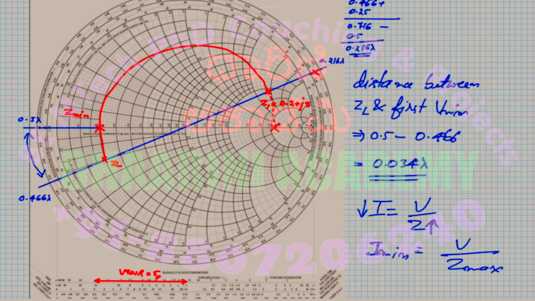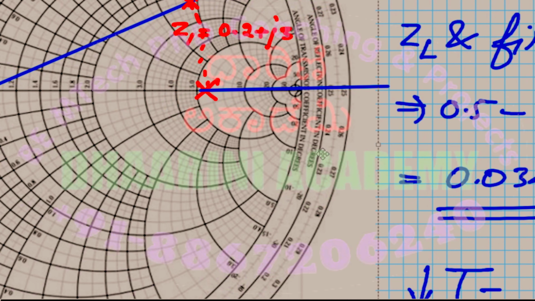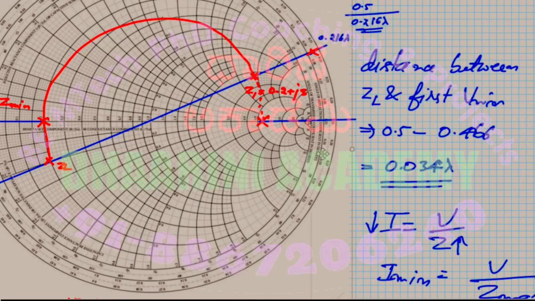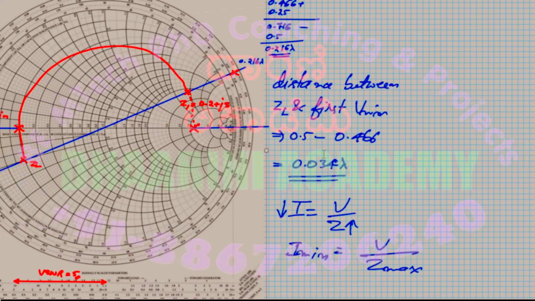So what I do, I'll extend that. I know that at this point its value is how much? Let's zoom in. 0.25. Yeah, the outer scale reads 0.25 lambda. So this value is 0.25 lambda.